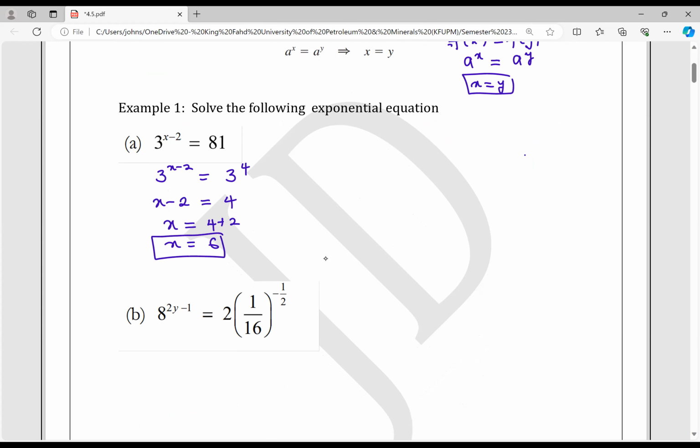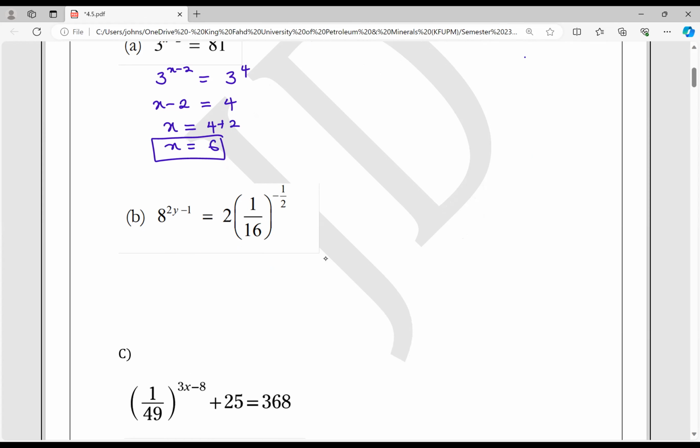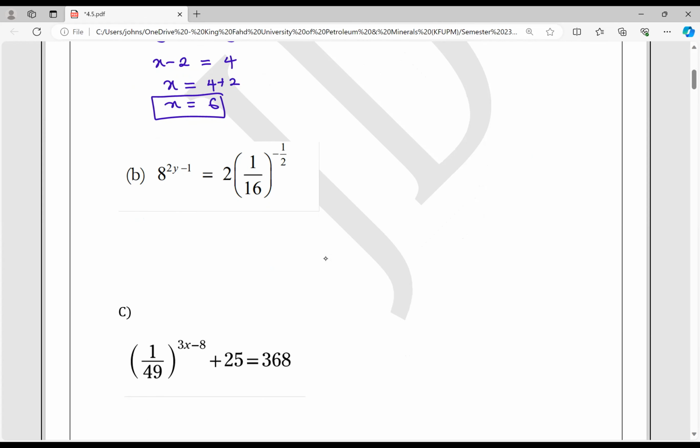Then for this one, we can try to rearrange. This we can write as 2 to the power 3 times 2y minus 1. And here, first of all, we can write this as 2. Now, if you flip 1 over 16, the minus sign will disappear, so this is just 16 over 1.